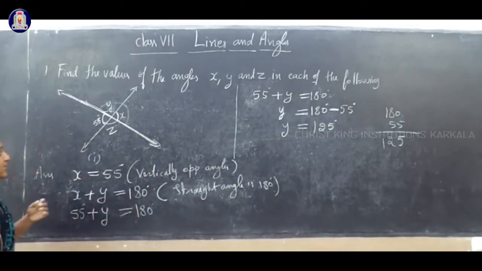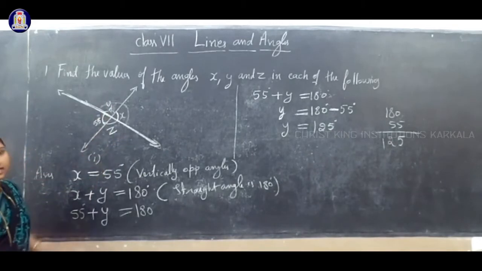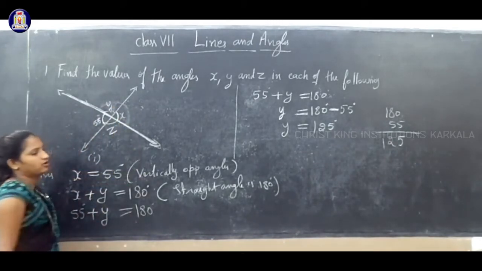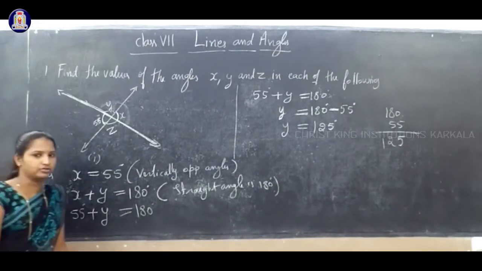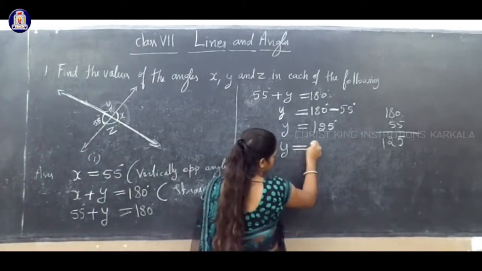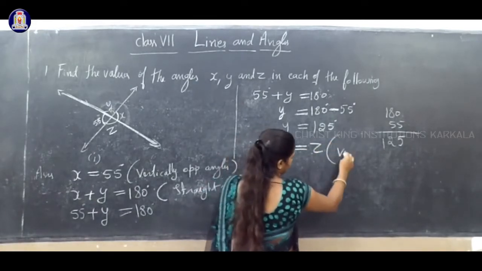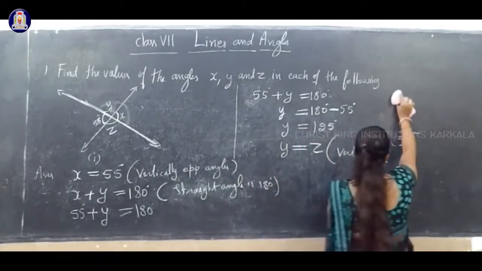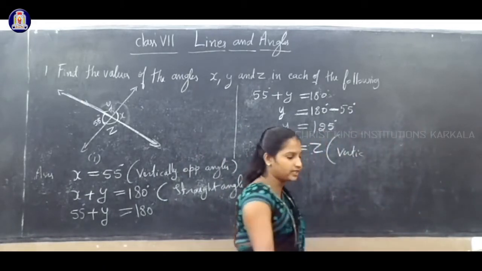Now can you see that angle y and angle z are equal? Yes, angle y and angle z are equal because they are vertically opposite. Okay, angle y is equal to angle z. Why? They are vertically opposite angles. So vertically opposite angles are always equal.